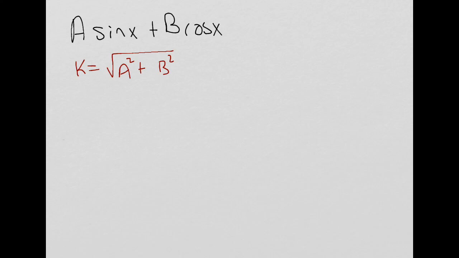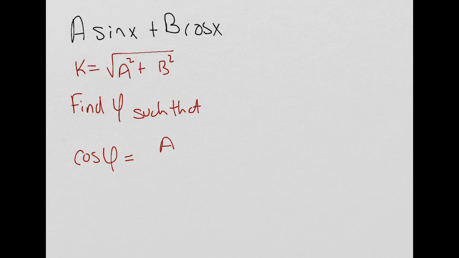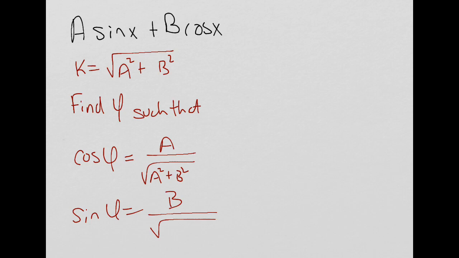We build a nice triangle and find an angle phi such that cosine phi equals a over square root a squared plus b squared, and sine of phi equals b over square root a squared plus b squared.